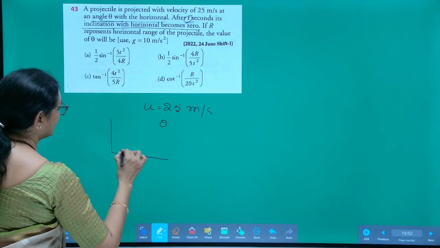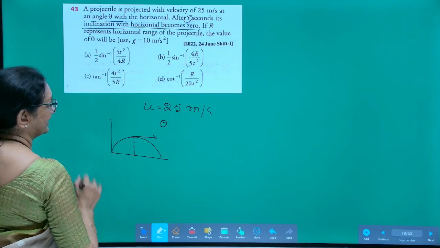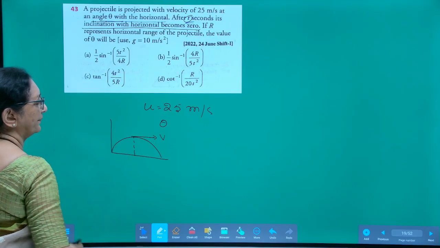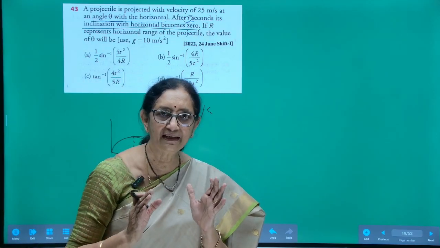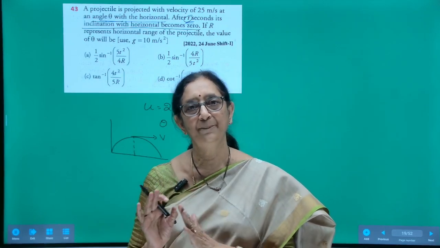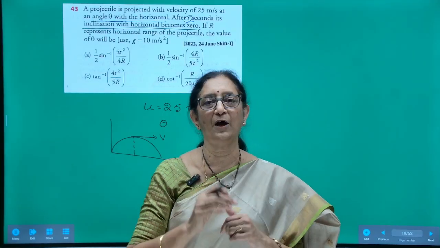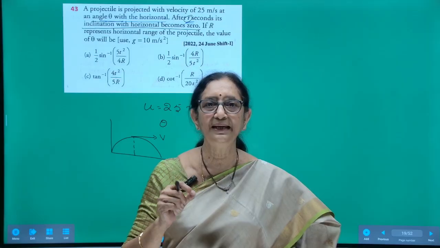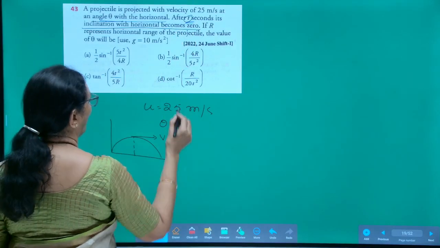So, in case of a projectile, velocity is horizontal at the highest point. So, the angle made by the projectile with the horizontal is 0. Inclination of the projectile with the horizontal being 0 implies the body is at the highest point. In this problem it is mentioned that the time taken to reach that point is equal to small t.